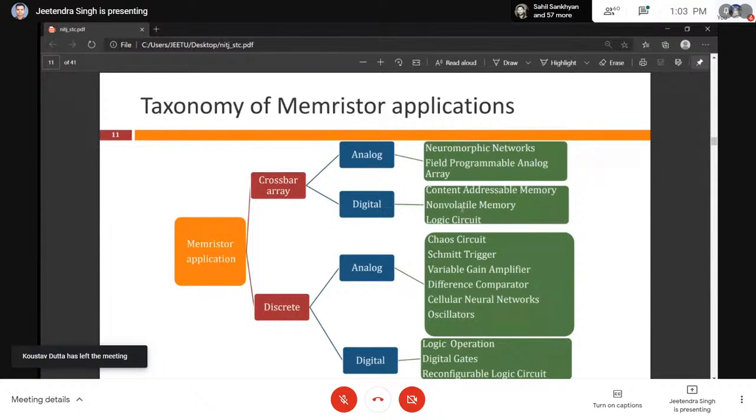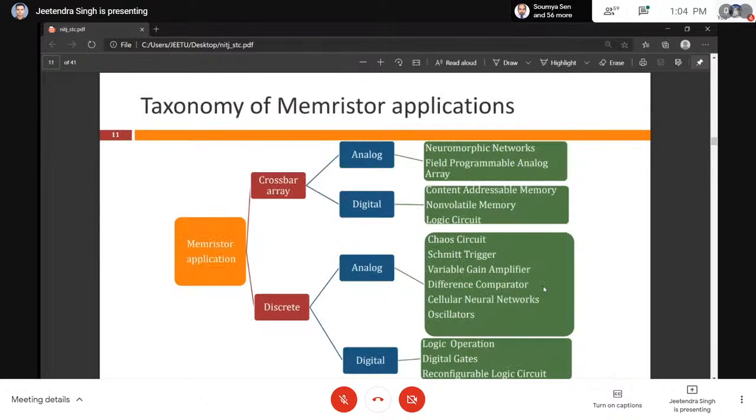It can also be used as content addressable memory, non-volatile memory, logic circuits, chaos circuits. You can see there are vast applications of it. You can realize cellular neural networks, differential comparators, and many circuits with the help of the memristor.